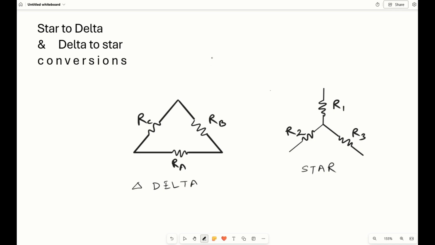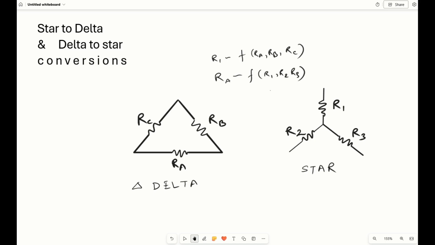We are going to determine R1 as a function of Ra, Rb and Rc. This is the conversion of delta to star. The other way around, we are going to determine Ra as a function of R1, R2 and R3. This is called the conversion of star to delta.